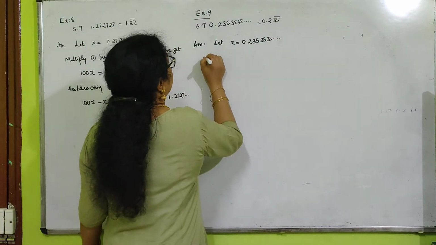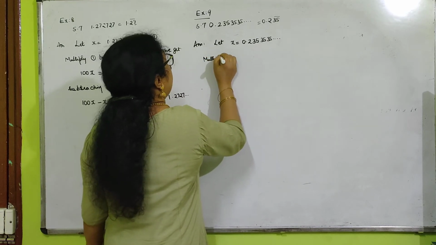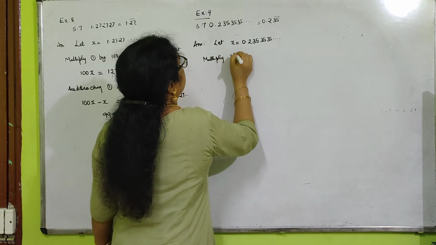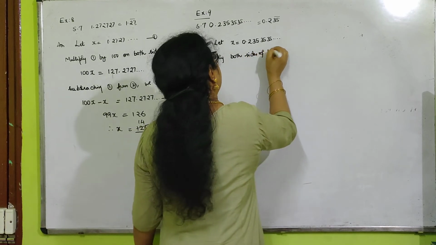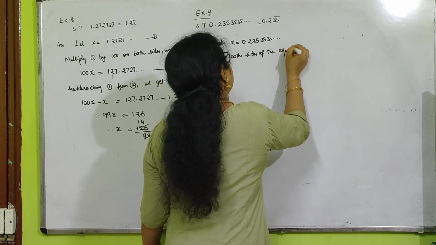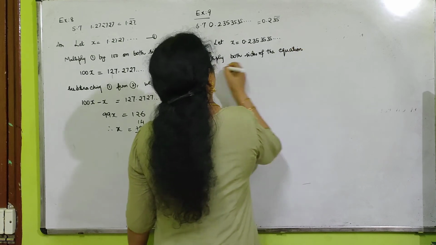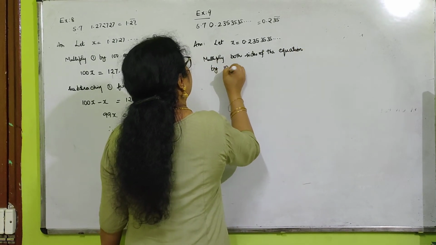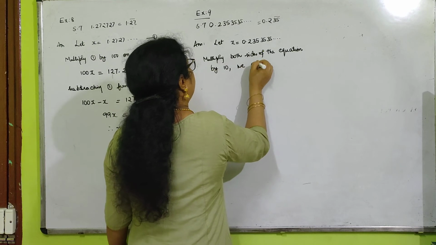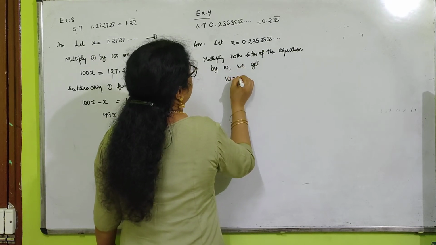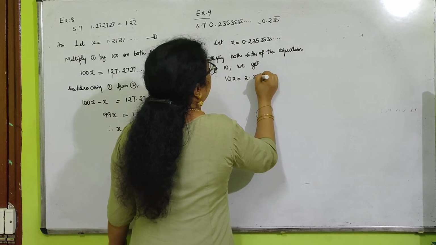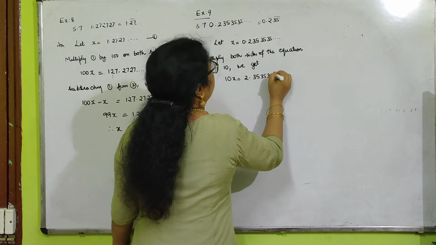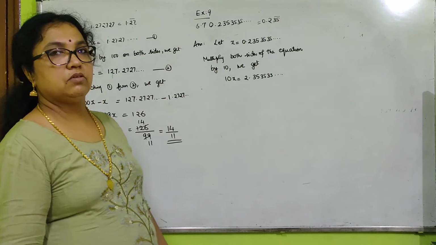So multiply both sides of the equation by 10. We get 10x equal to 2.3535... So understood?